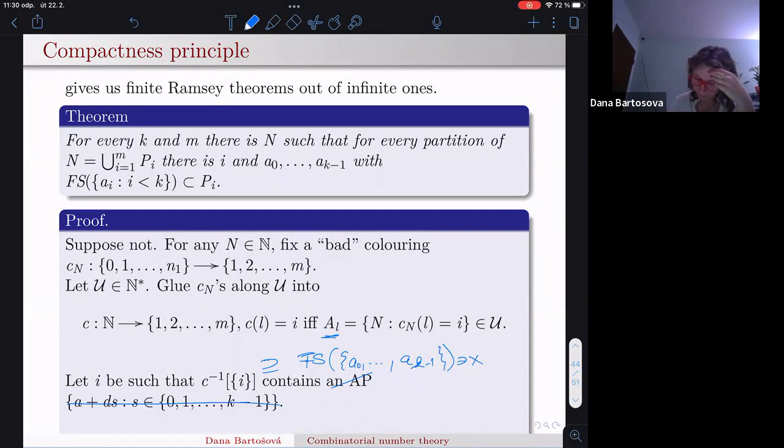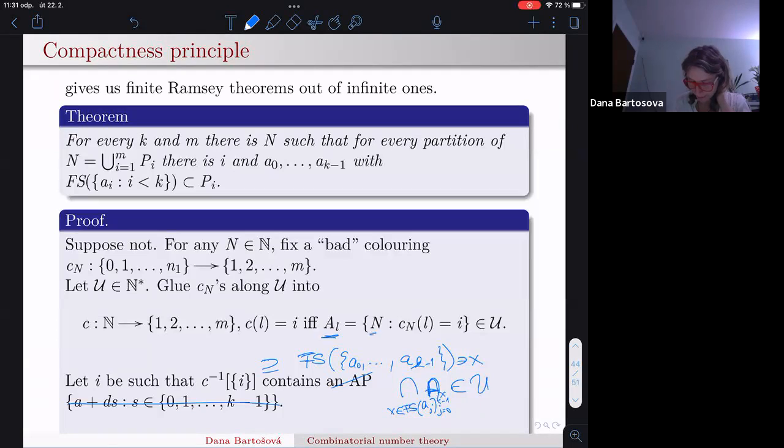So then there is only finitely many of them, right? Finite sums of a finite set. There's only finitely many. I'm not repeating anything. So then if I look at the intersection of these A_X's as X runs over these finite sums of the A_j, well, then this is in the ultrafilter.